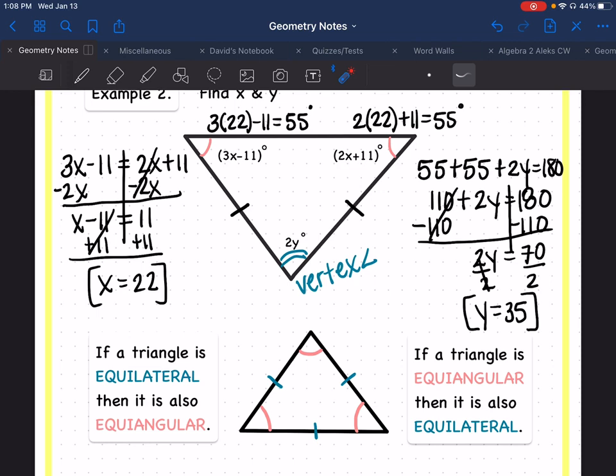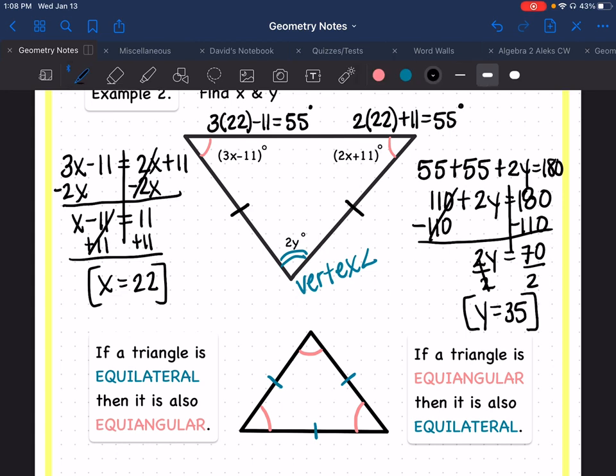Remember, the converse just switches the green with the peach. So if I know a triangle is equiangular, all the angles are equal, then that automatically means all my sides are equal as well. Which means I could mark the angles as equal and then put the expression on the side.